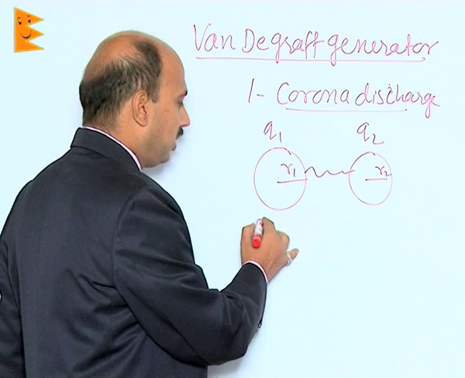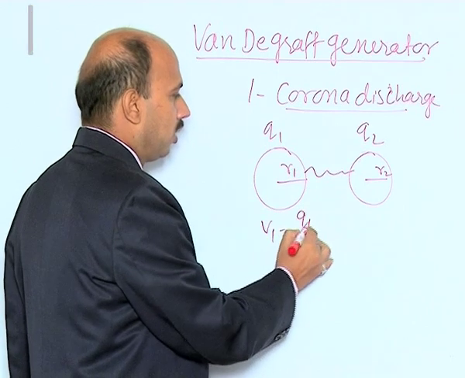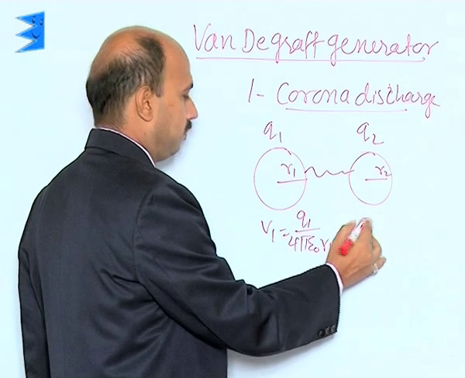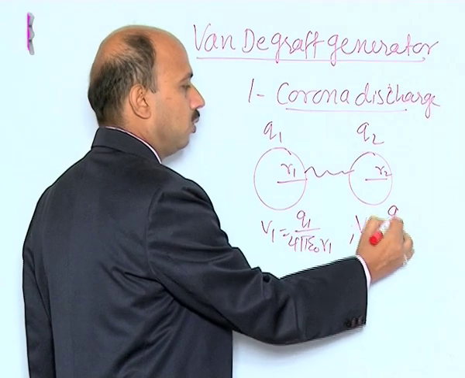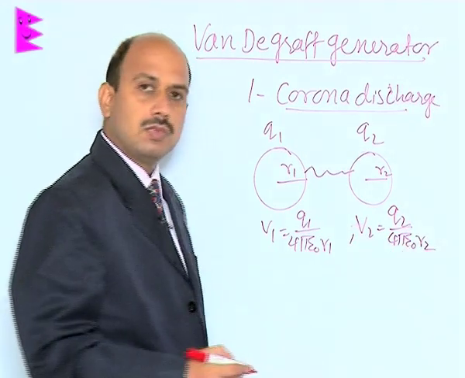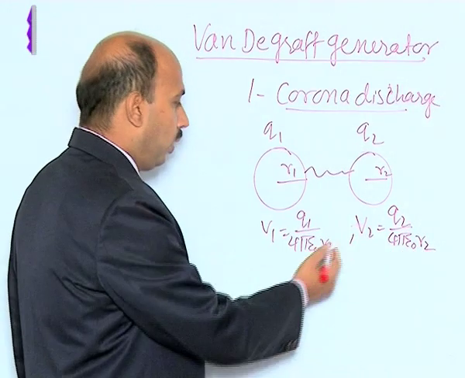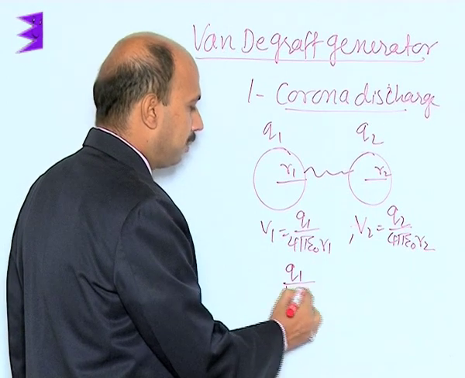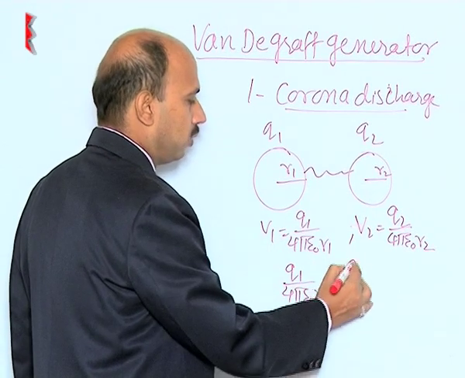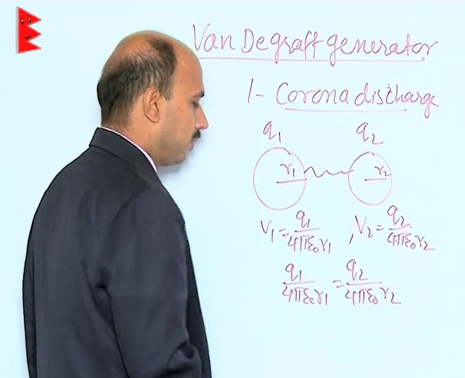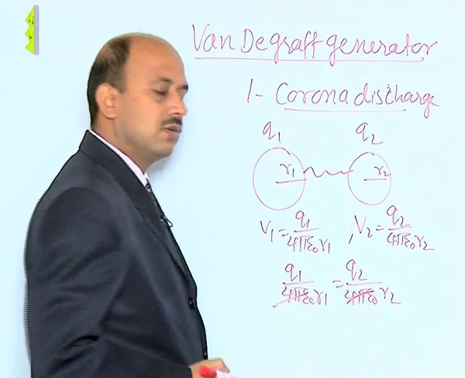So, we can write the potential of the first body V1 is q1 upon 4 pi epsilon naught r1, and here V2 is equal to q2 upon 4 pi epsilon naught r2. These two are equal. So, we can write q1 upon 4 pi epsilon naught r1 is equal to q2 upon 4 pi epsilon naught r2. These two will get cancelled.